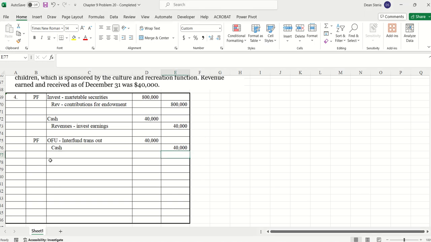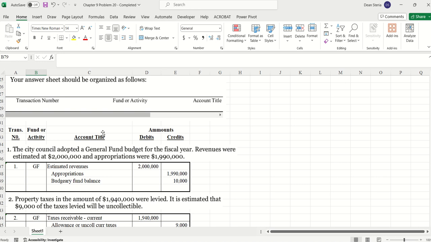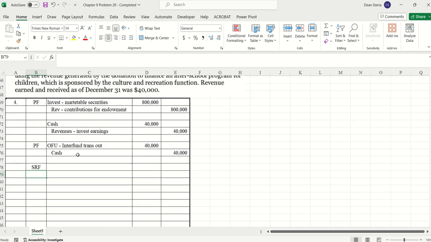And then we're going to have the service revenue fund. I believe that's what they called it here, right? SRF, Special Revenue Fund. Yep, Special Revenue Fund.